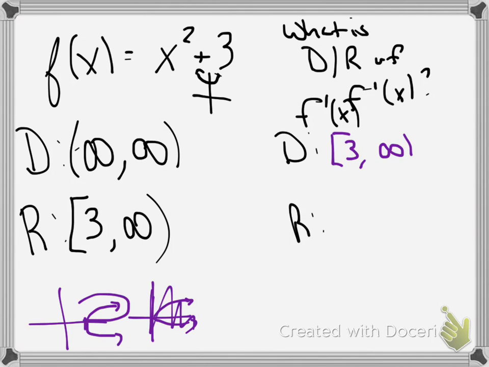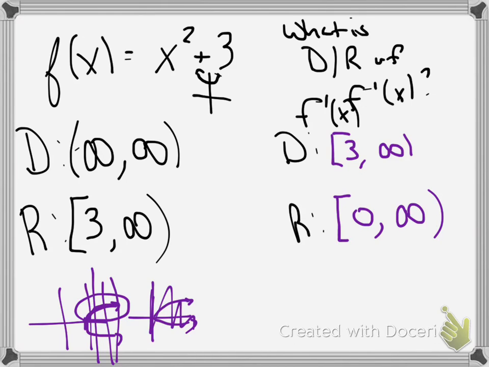I'm only going to take half of the graph, and I'm going to say that the range is from 0 to positive infinity. Because if I use the entire real number line, any vertical line that I draw on said graph will fail the vertical line test and we don't have a function. But if I just go for the first quadrant from 0 to positive infinity, then I'm okay.